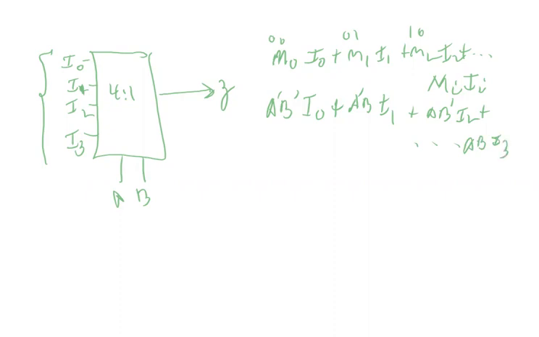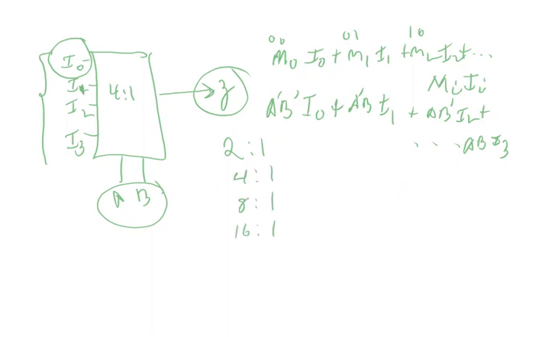Right? Now what we can do is generalize this, such that what we're really doing is using the selectors to decide how to route the input to a given output. And that's a multiplexer. And you can build these for integral powers of 2: 2-to-1, 4-to-1, 8-to-1, 16-to-1.